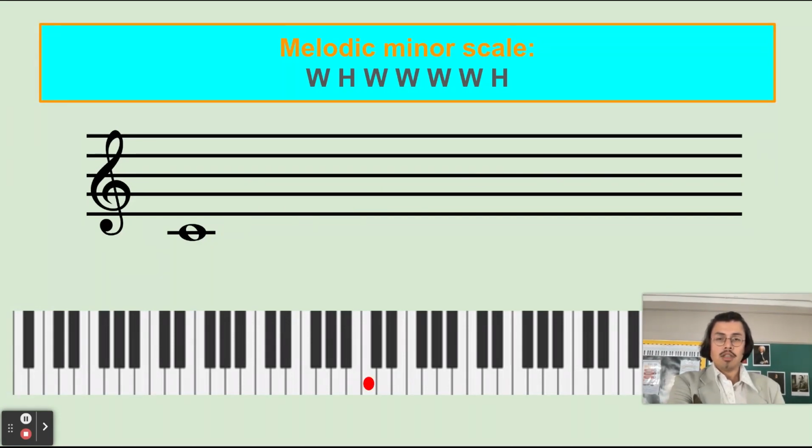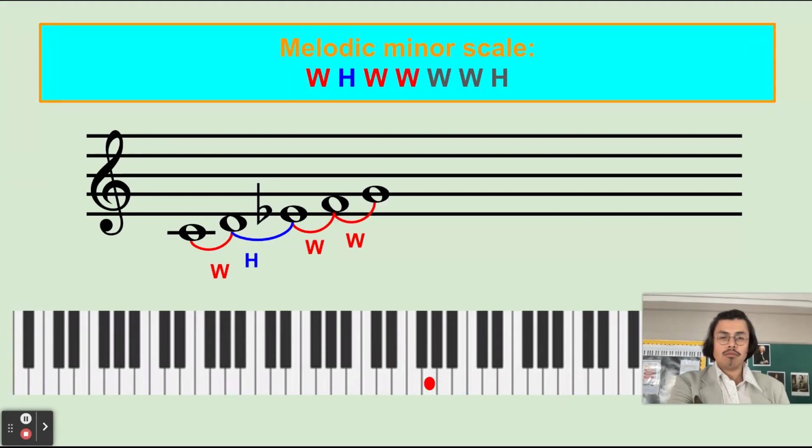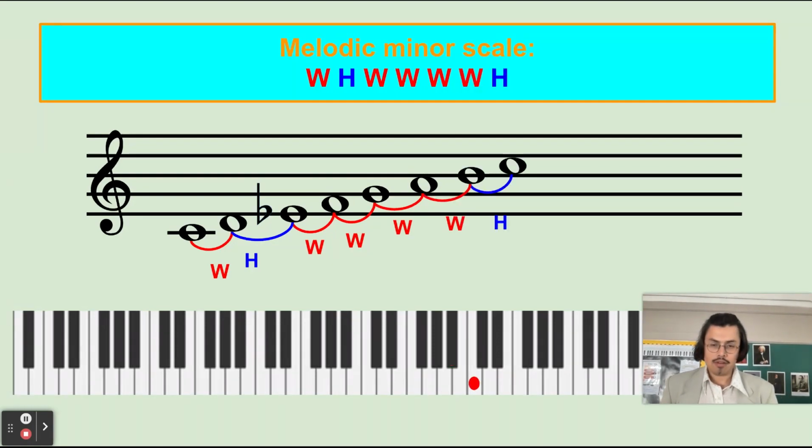C, then we go half step plus half is one. Then we go half. Half plus half is one. Half plus half is one. Half plus half is one. Half plus half is one. And then we do half. And there you have it. That is the melodic minor scale.